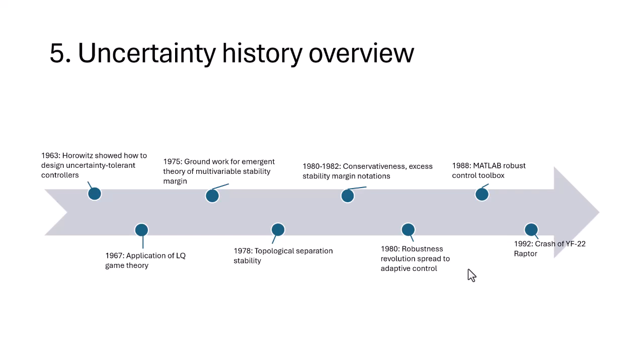And in 1992, there was the crash of the YF-22 Raptor, which was designed with robust controllers, which means that the field of robust control is not perfect, and there is still a lot of room for improvements, and a lot of improvements need to be made till today.